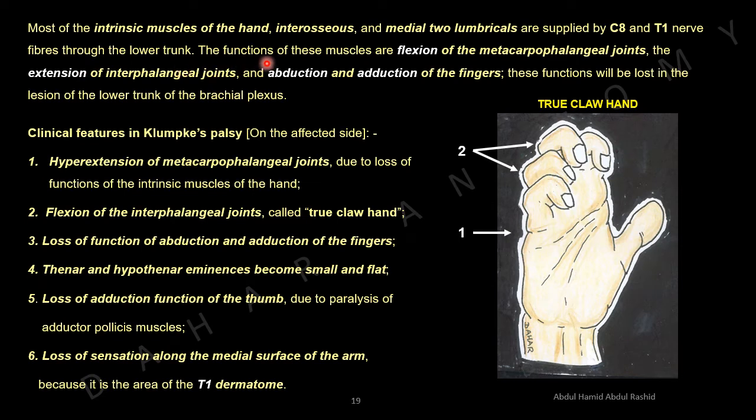The functions of these muscles are flexion of the metacarpophalangeal joints, extension of interphalangeal joints, and abduction and adduction of the fingers. These functions will be lost in the lesion of the lower trunk of the brachial plexus.